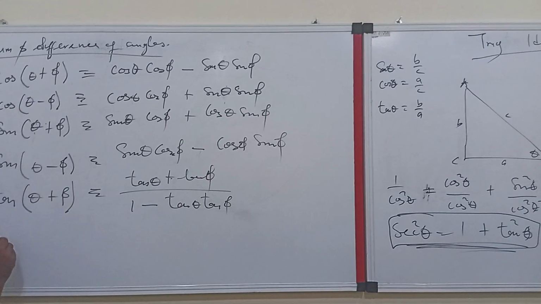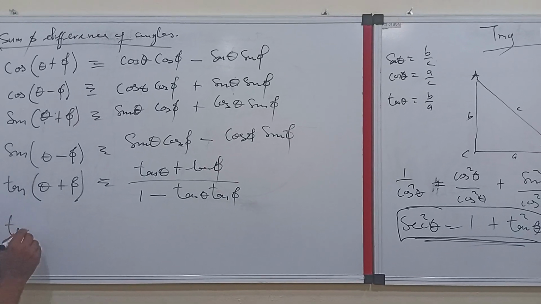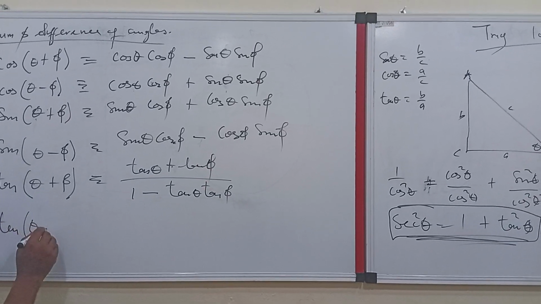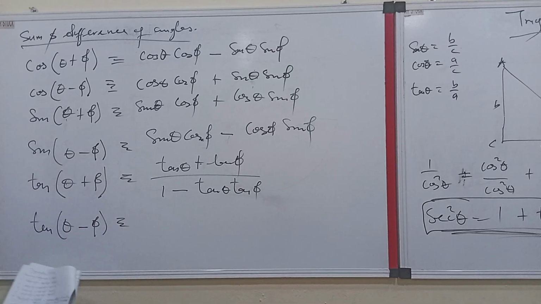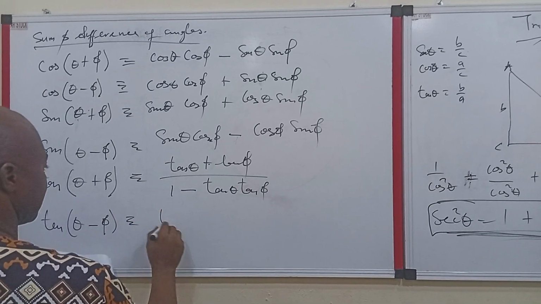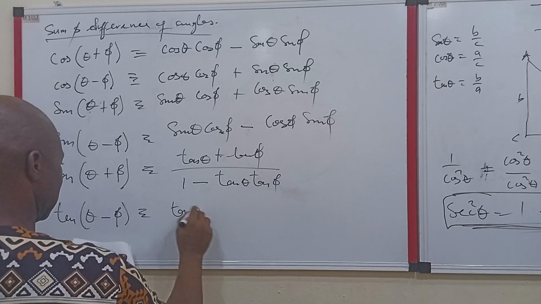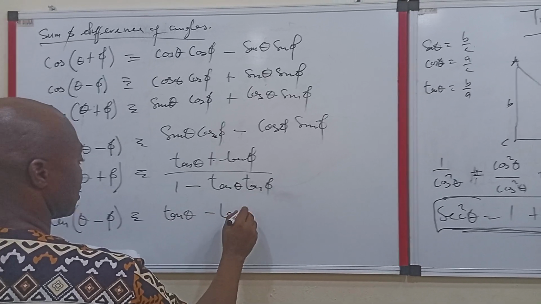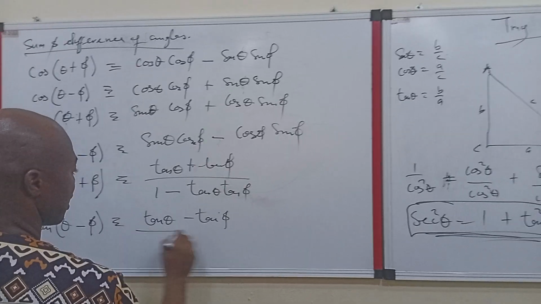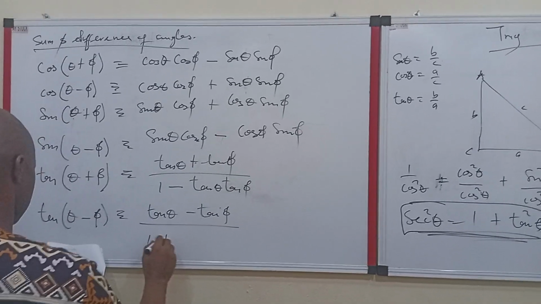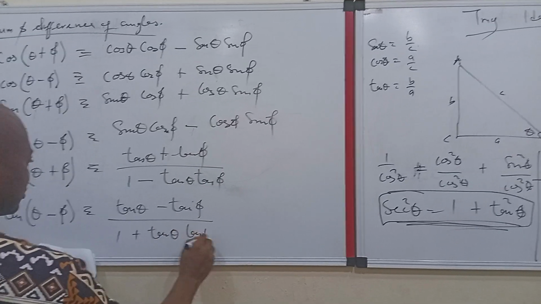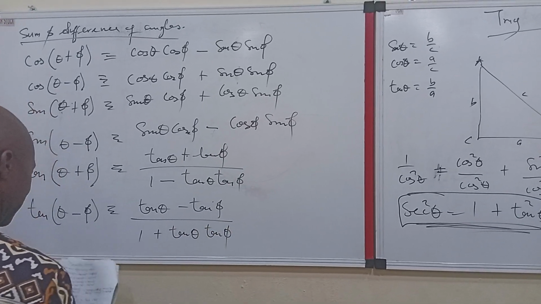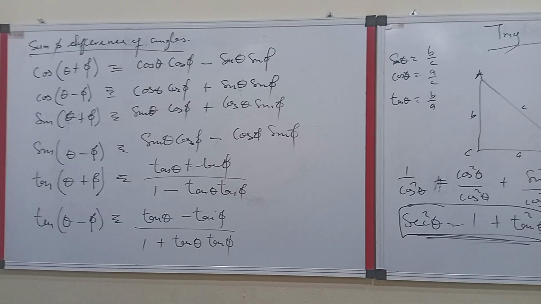Then we also have tan theta minus phi can be written as tan theta minus tan phi, everything over 1 plus tan theta tan phi. That is what we have.